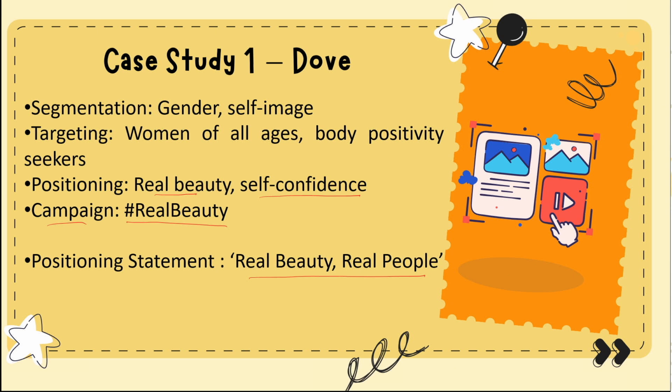It is not only the skin, it is the inner self, the self confidence. They created this impression to make Dove a preferred brand, very successful with the hashtag real beauty campaign.